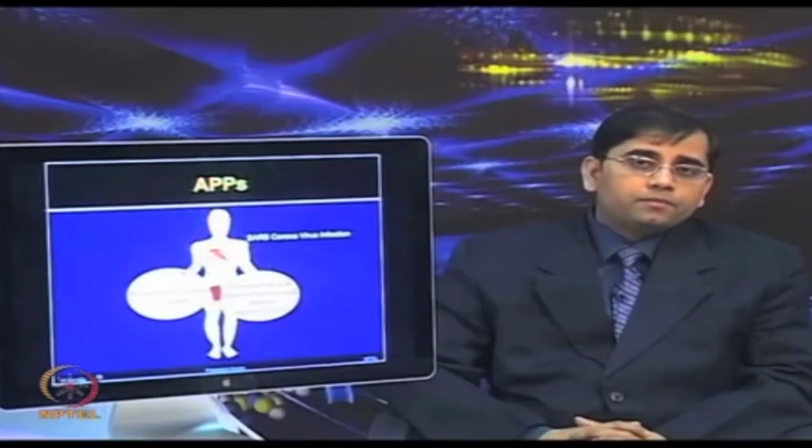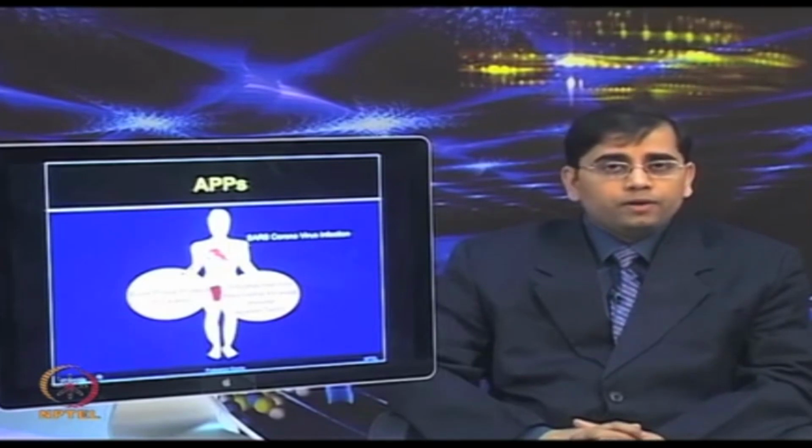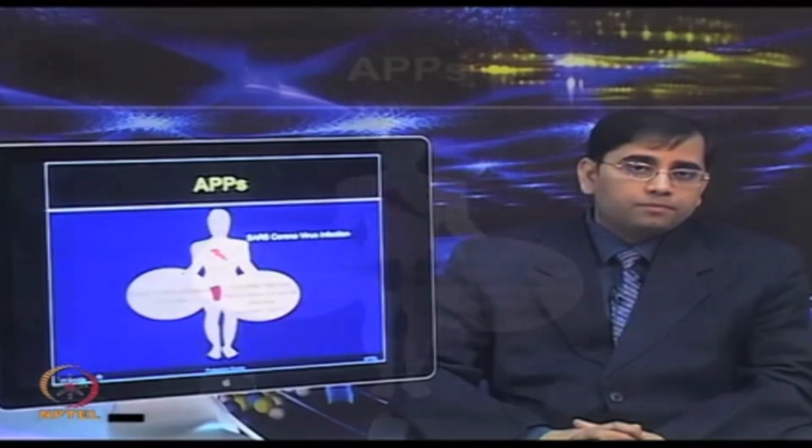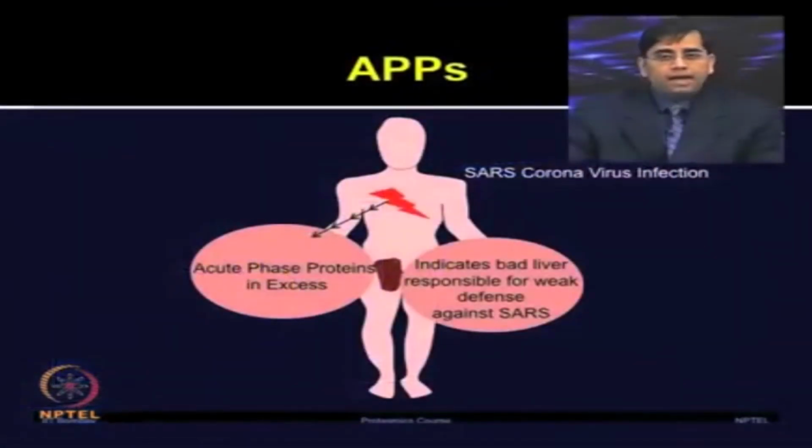They also found that several acute phase proteins, or APPs, were differentially expressed. The active innate immune responses and oxidation associated injuries may play a major role in SARS pathogenesis.